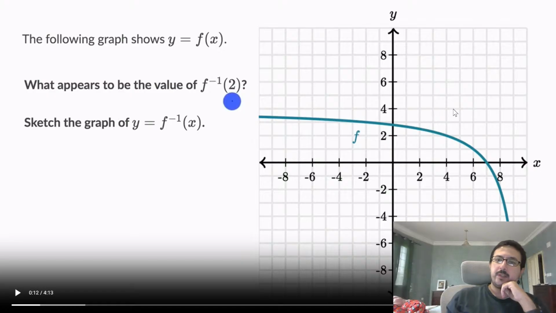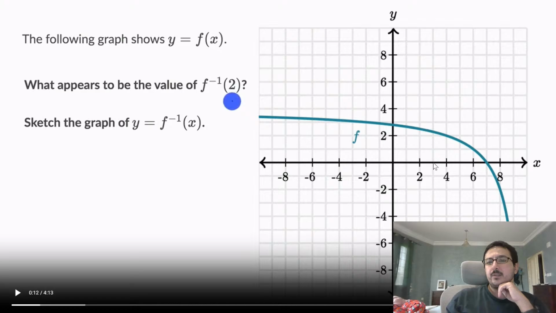Am I correct? Wait, the inverse. The inverse is going to be, if x is 2, no, I think it's here. If x is 2, it's going to give me 3. So the inverse is, if x is 3, it's going to give me 2.